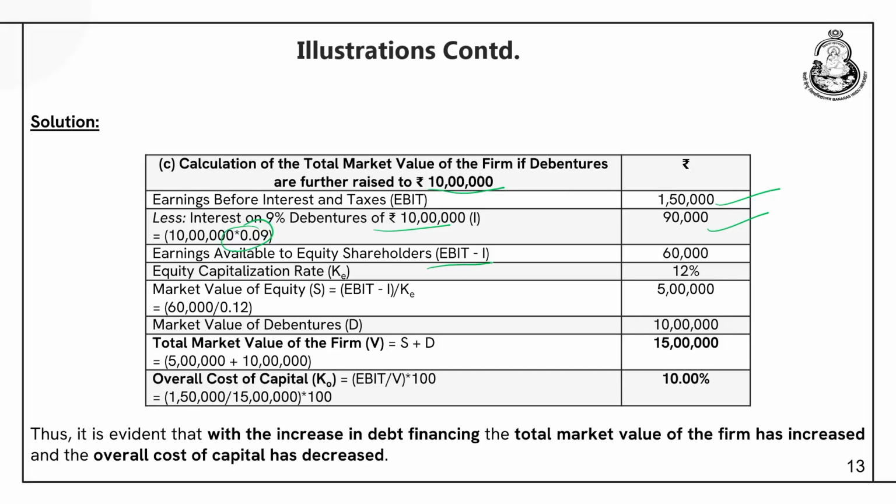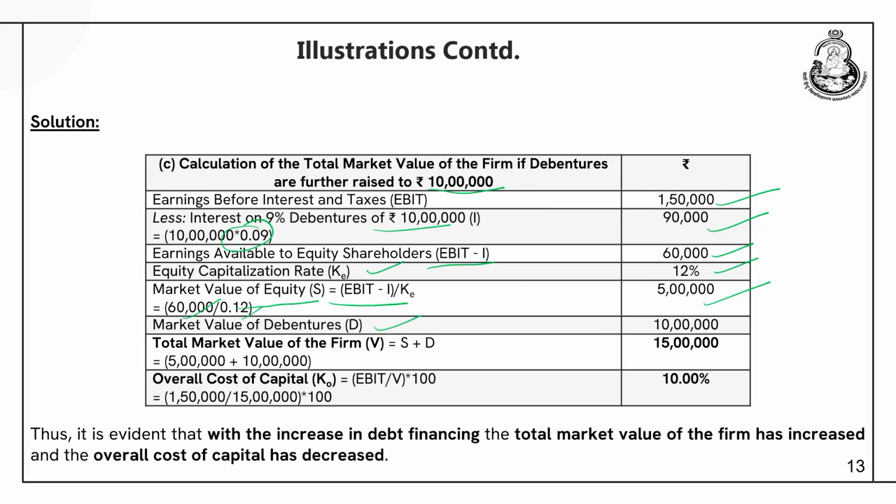Earnings available to equity shareholders, EBIT minus I, is 60,000. Equity capitalization rate is given, it is 12%. Risk perception of equity shareholders is also not changing, if you remember the assumption. So, it remains at 12% whatever the debt is, and the market value of equity you can calculate as (EBIT minus I) divided by KE. So, 60,000 divided by 12% is 5 lakhs.